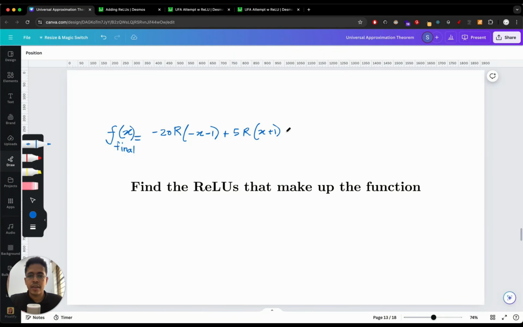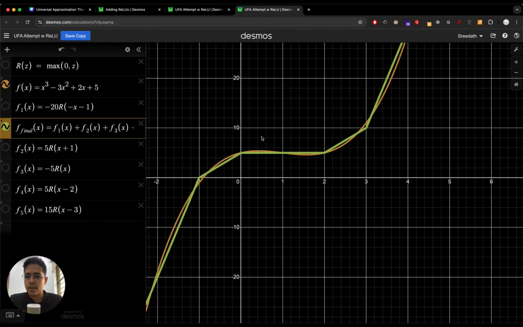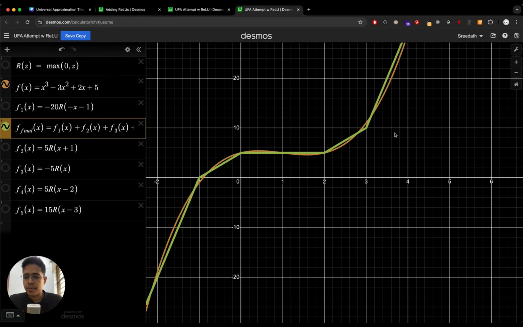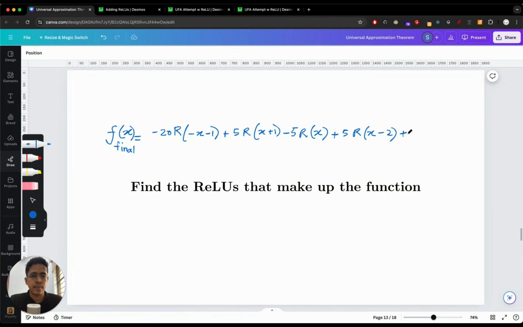Then minus 5 times ReLU of x. Plus 5 times ReLU of x minus 2. And plus 15 times ReLU of x minus 3.